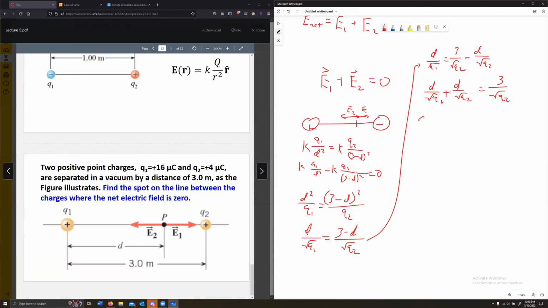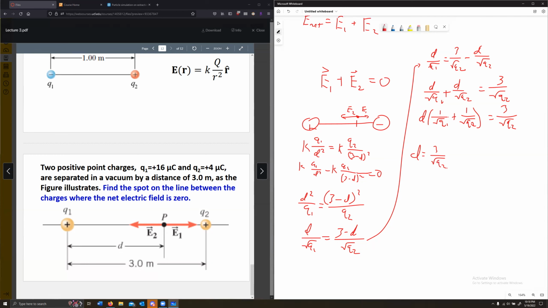And then factor out the D. And then you divide through, skipping some steps, and you get D equals 3 over square root of Q2.